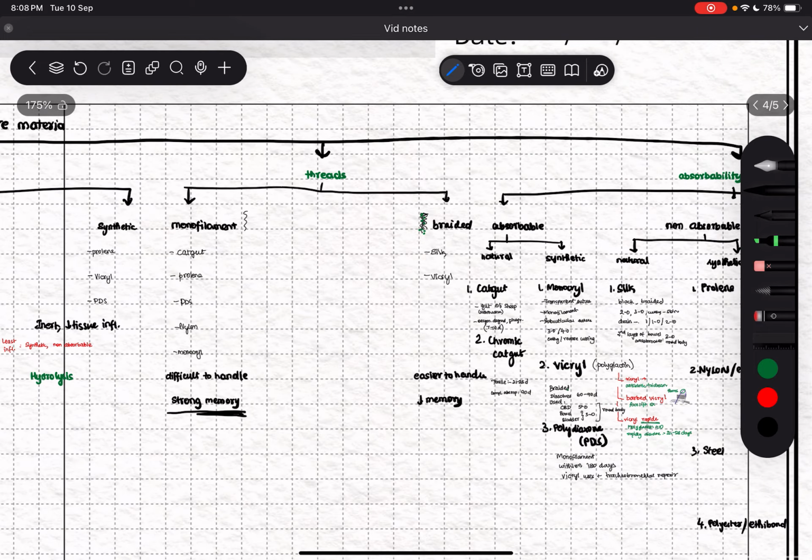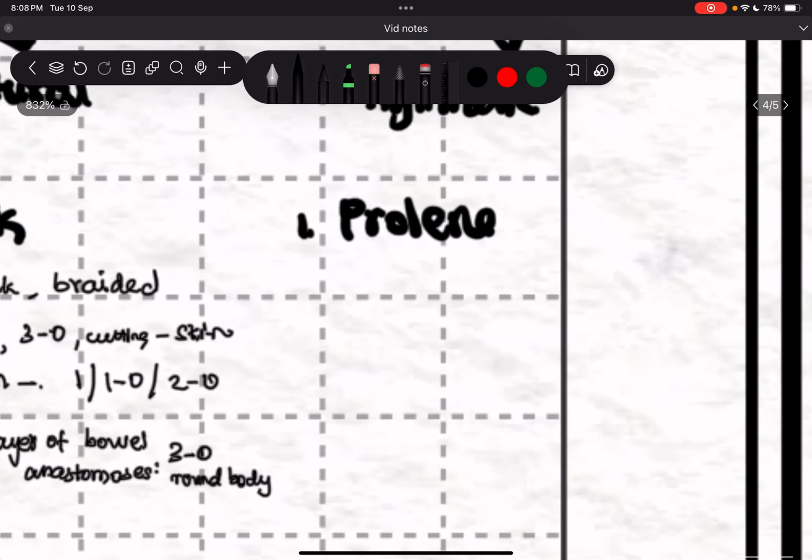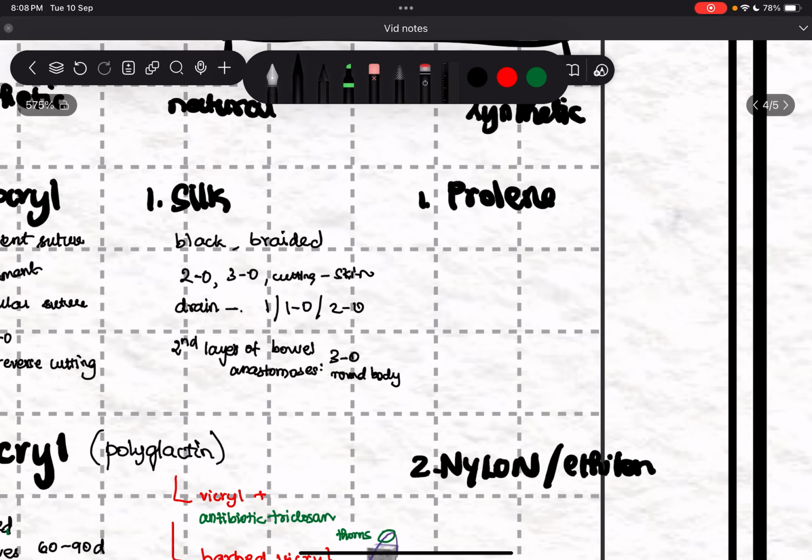Now we get into synthetic non-absorbable sutures, starting with proline. Proline, as we know, is blue and it is monofilament.